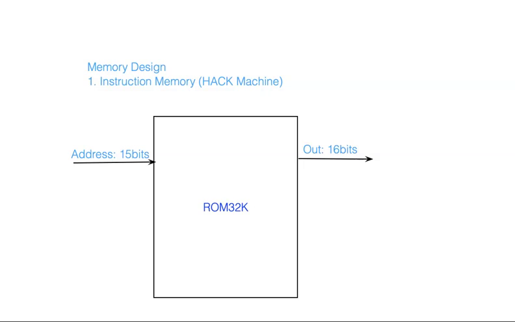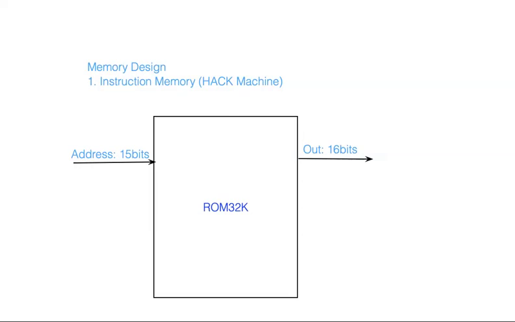The A instruction has 16 bits, and the leading bit is 0. So the leading bit is 0, and the other 15 bits are useful for the instruction address. This is the first thing.